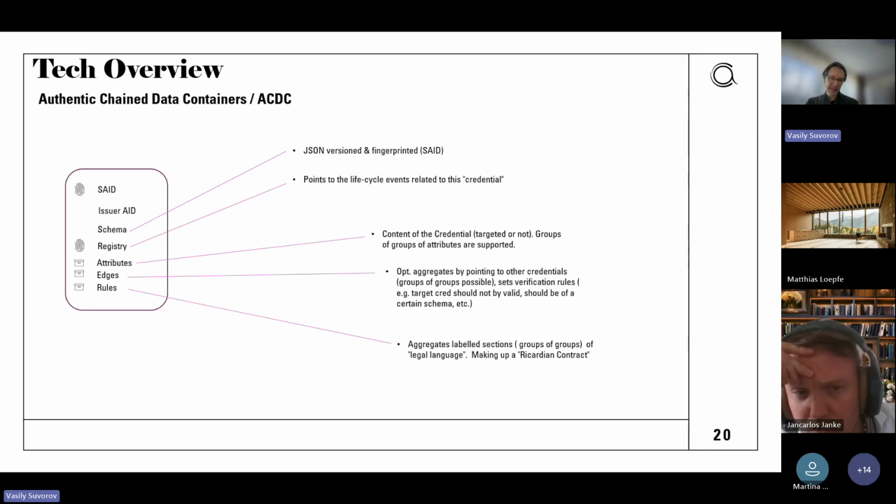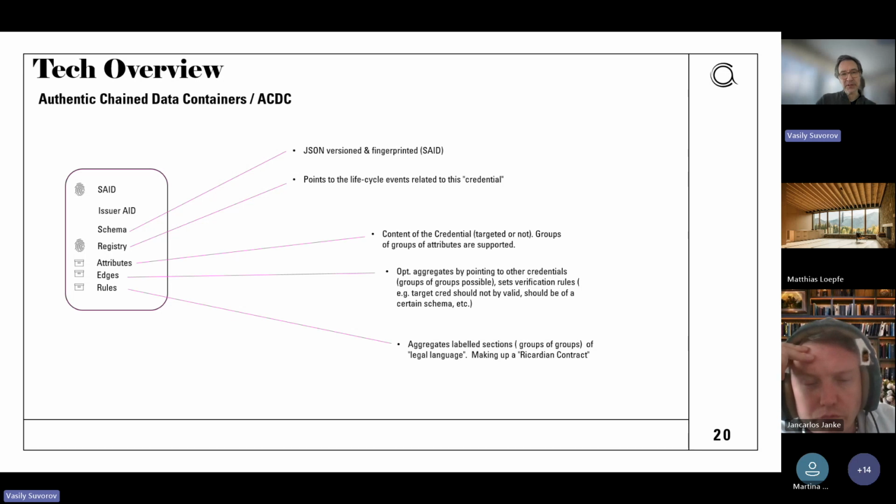And that's actually very, very interesting. Maybe I start from the end here, because the rules is something that actually makes it a contract. I can specify what the legal terms are as related to this specific credential. The edges allow you to specify which other credentials this credential depends on.